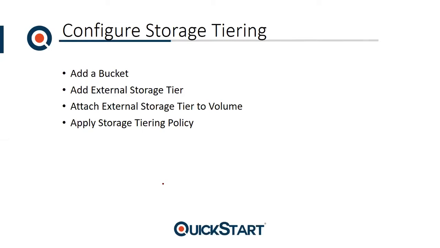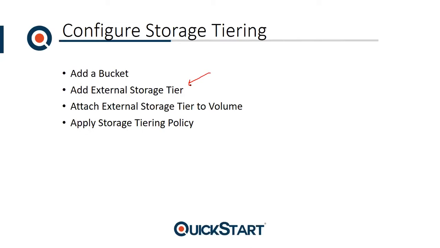That's going to be like a container, as we'll see over in Azure. And then through NetApp, through System Manager or the command line, I add what's called an external storage tier. The exact steps for that will depend obviously on what that external storage system is going to be.